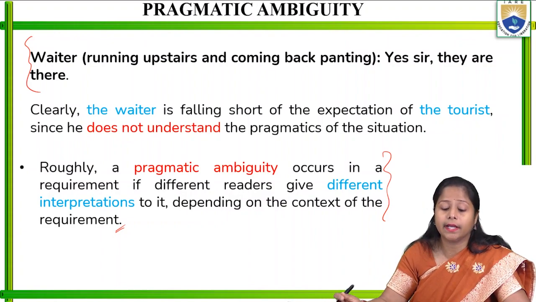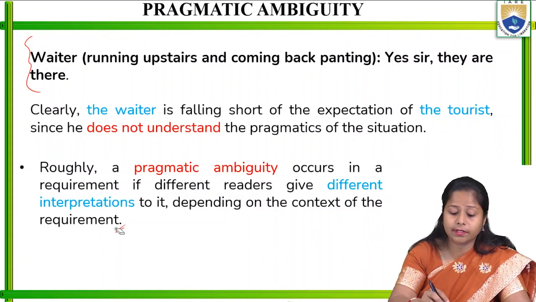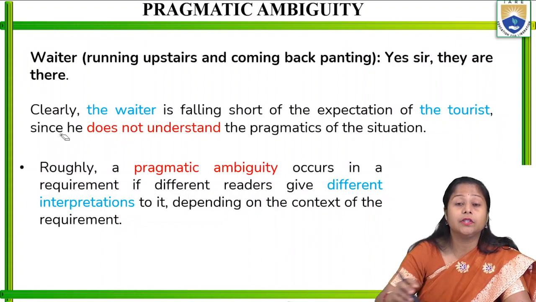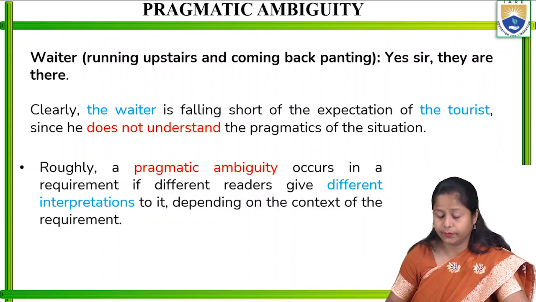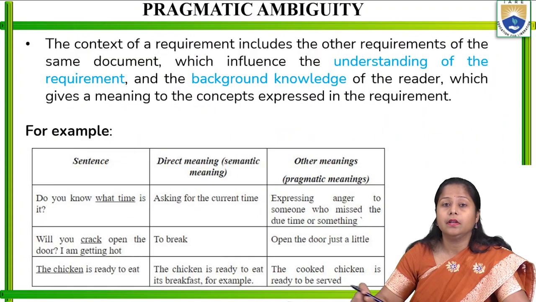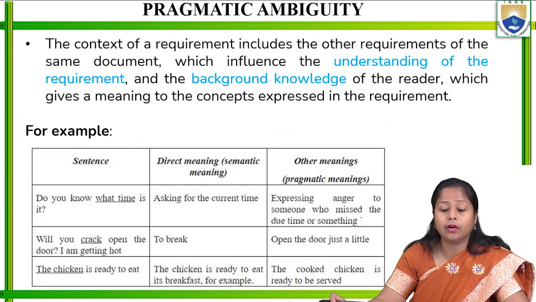So that is the context of the requirement, the context of the need of that particular situation, we can say. According to the situation, the interpretation can be different. Now I will show you the context of a requirement, and that includes the other requirements of the same document, which I have discussed.